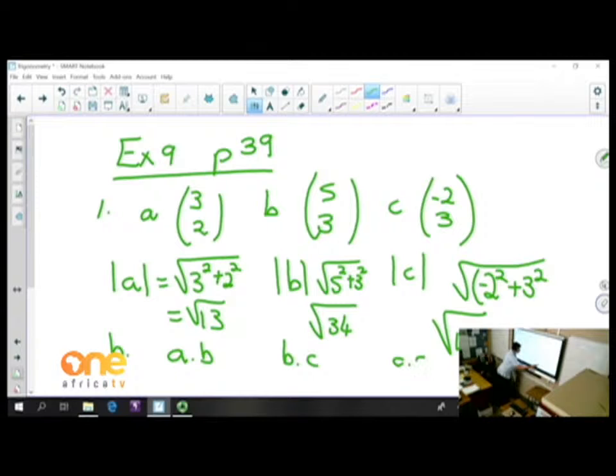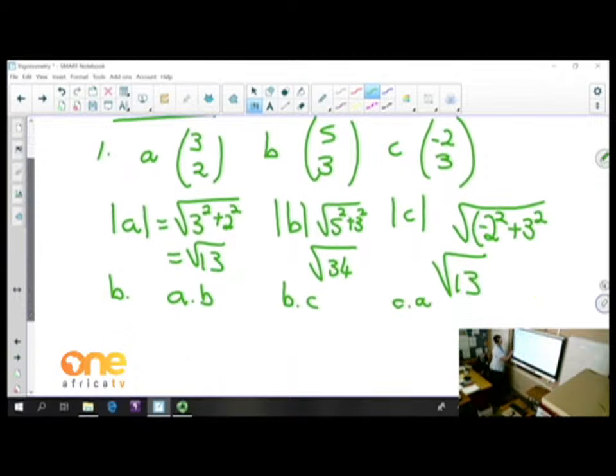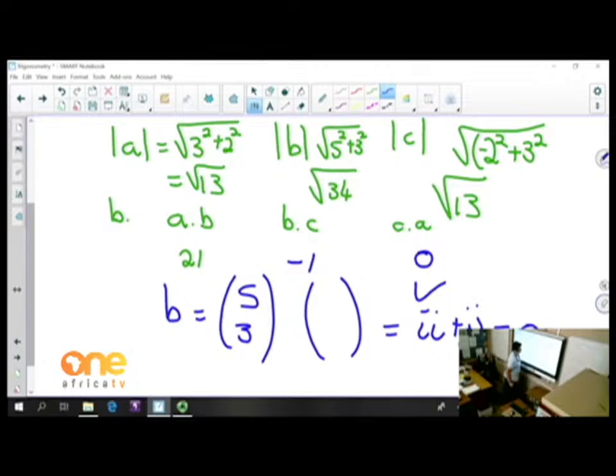At number B, they ask now, calculate the scalar products of A dot B, B dot C, and C dot A. So we have to get the scalar product of each one there. So what would be the scalar product of A dot B? ii plus jj, isn't it? So this is 15 plus 6, because if A dot B is 0, then they are perpendicular.